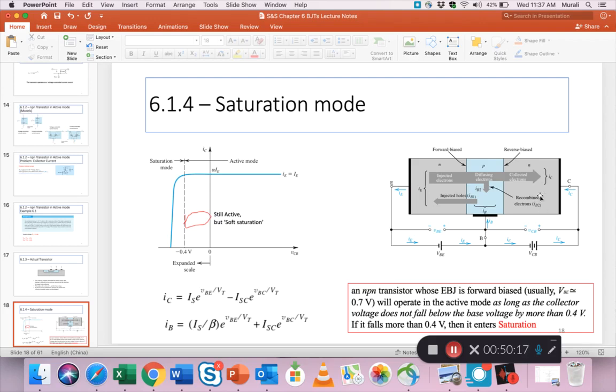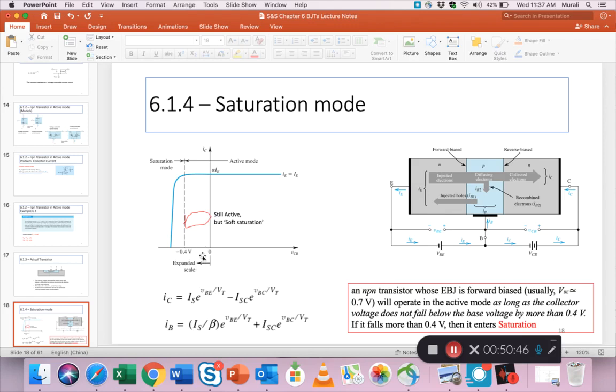Only then is it reverse biased, right? So as long as the N collector region gets a positive bias, it's happy. We call it the active mode. But once the N region starts to get a negative voltage, then it starts to become forward biased, and then that transistor enters saturation.